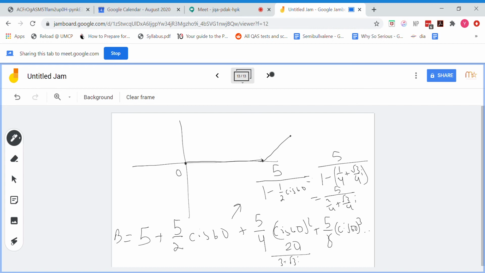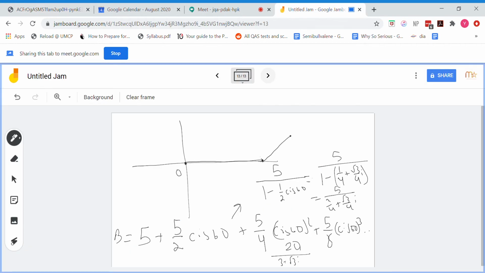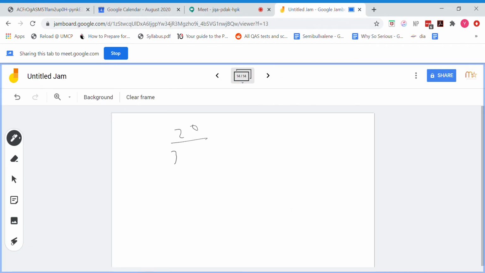And we get, multiplying by the conjugate, we have 20 over 3 minus root 3 i, and we multiply by 3 plus root 3 i. This gives us 60 plus 20 root 3 i over 12. And so this gives us 5 plus 5/3 root 3 i.